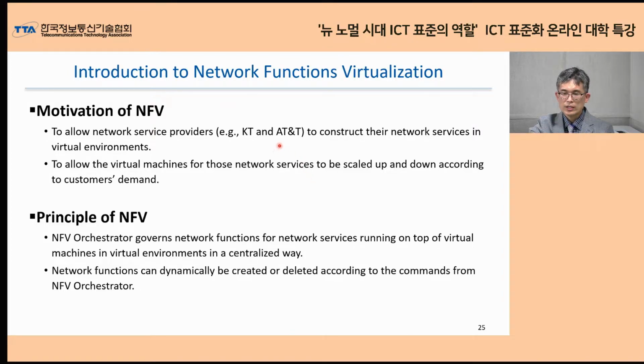KT, a Korean ISP, and AT&T, a United States internet service provider, want to construct their own network services in a virtual environment using virtual machines. The principle of NFV is that the NFV orchestrator, like an SDN controller, governs all of the network functions for network services running on top of virtual machines.